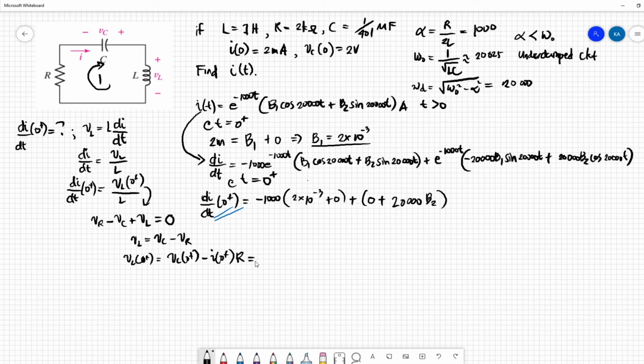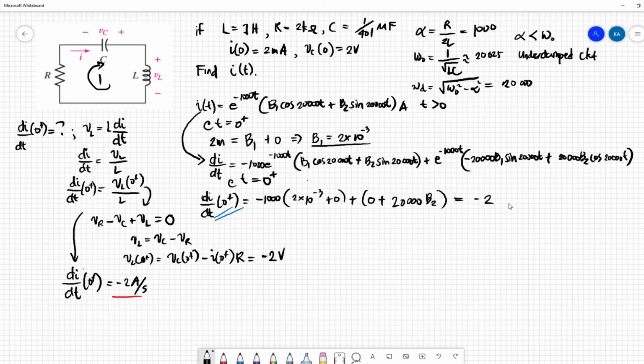So we have VL of 0 plus just equal to negative 2 volts. So our di/dt of 0 plus is equivalent to VL of 0 plus over 1, which is equivalent to negative 2 amperes per second. So this equation is just equal to negative 2.